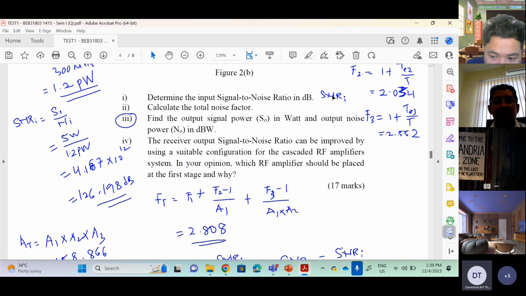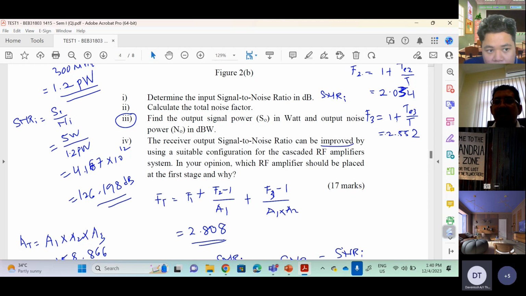Okay, the last one, dia kata, the receiver output signal to noise ratio can be improved by using a suitable configuration for the cascaded RF amplifiers. In your opinion, which RF amplifier should be put at the first stage and why? So, ini juga seperti soalan dalam kamu punya project task yang pertama. Macam mana kita nak improve, okay?